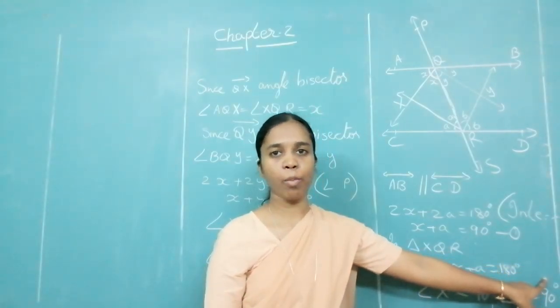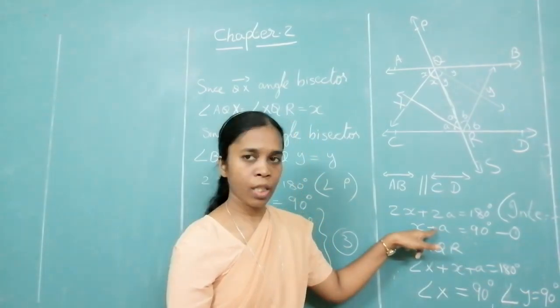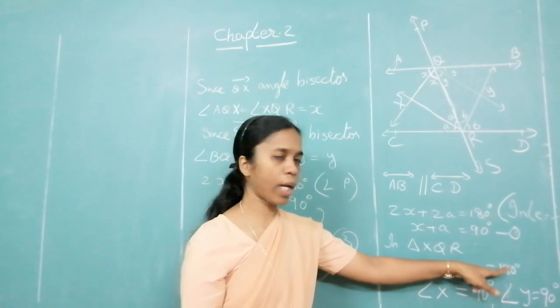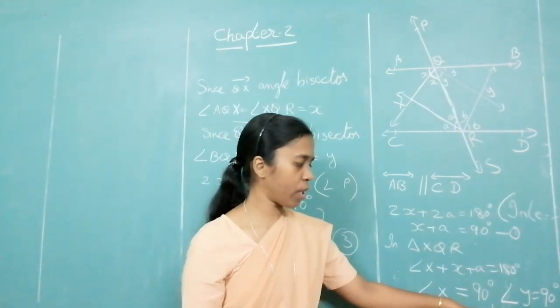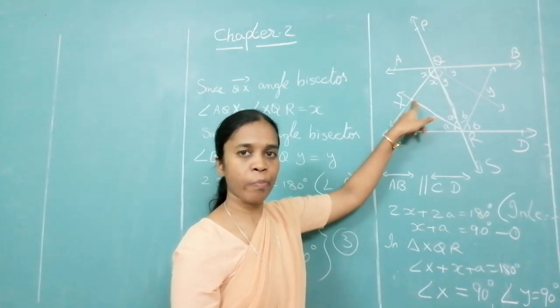Write the reason: sum of the measures of the angles of a triangle. x plus a is 90 degrees, already given to you. Therefore, angle X is equal to 180 minus 90, you will get 90 degrees. So you have got this angle as 90 degrees.